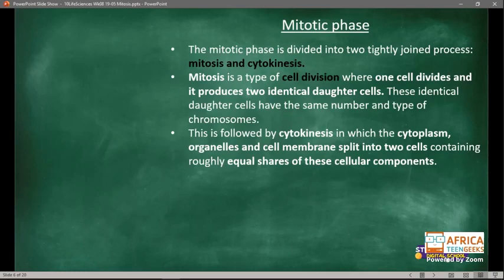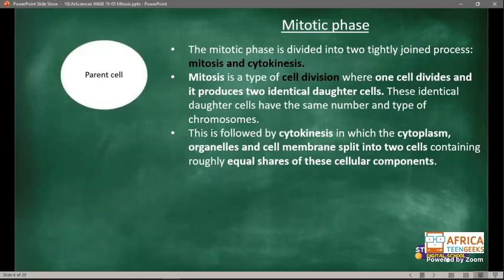So cytokinesis has to do with the cytoplasm, the division or the splitting of the cytoplasm into two. And when it splits into two cells, both cells contain equal shares of these cellular components.